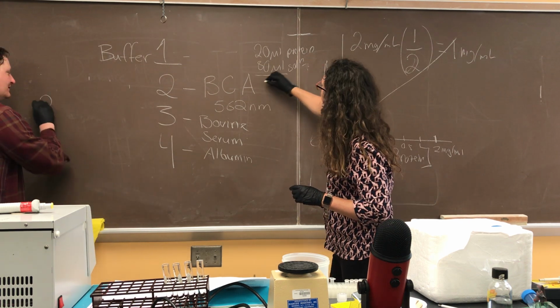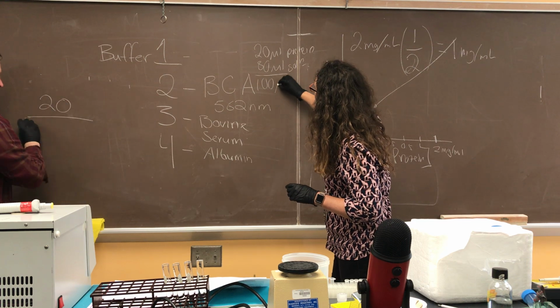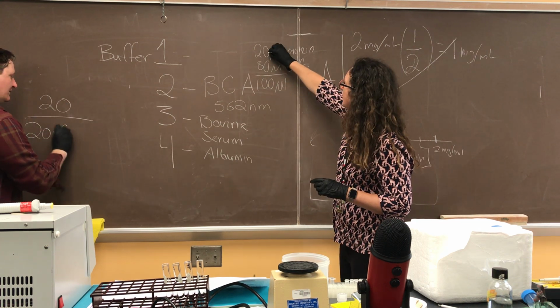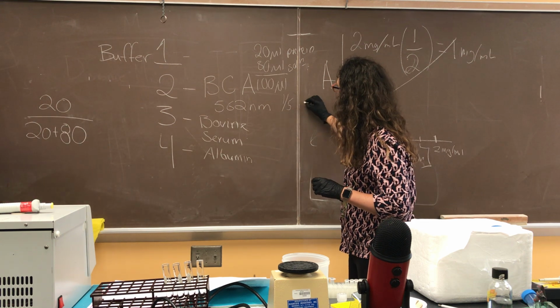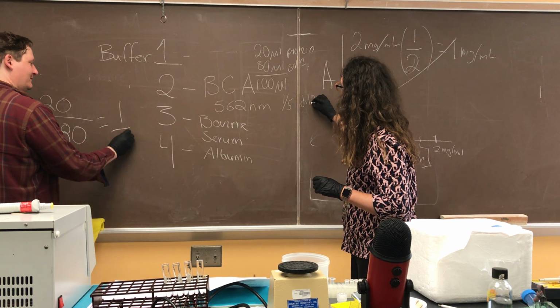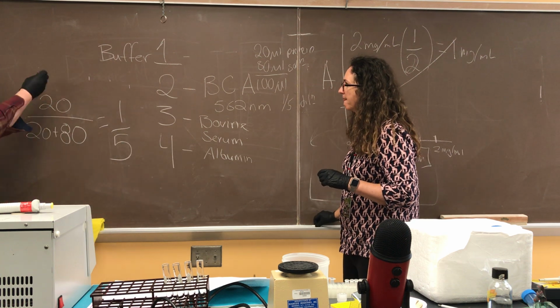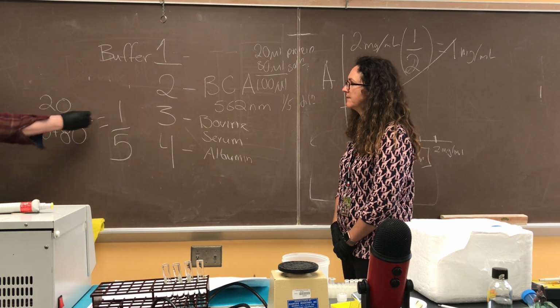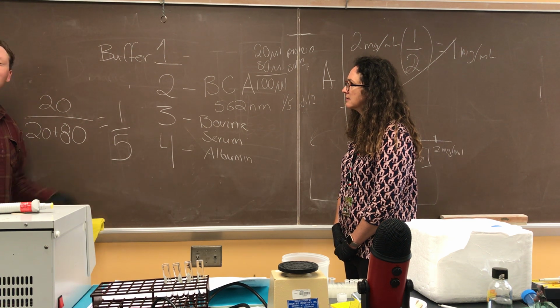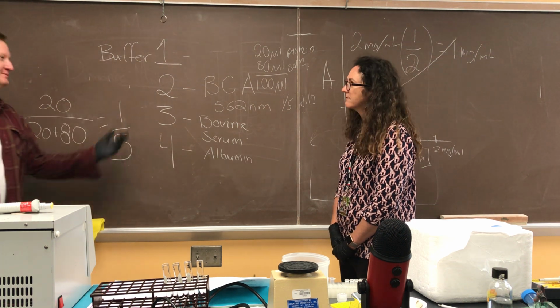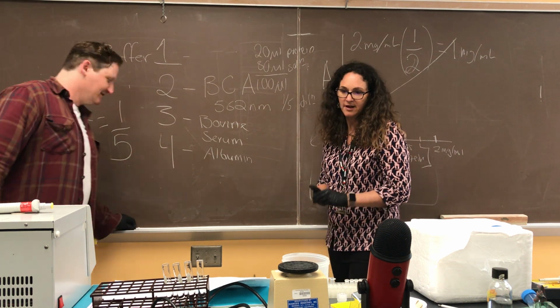So that gives you a total of 100 microliters. So 20 and 100 is a 1 in 5 dilution. So it's whatever you're diluting over the total volume. So the volume that you create from what's being diluted and what is doing the diluting. And that gives you your dilution factor. So there it is in two very clear explanations, I think.